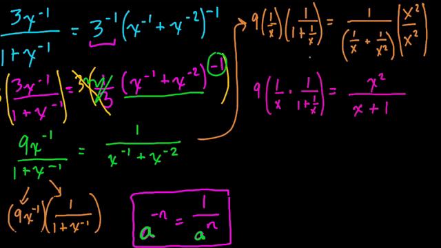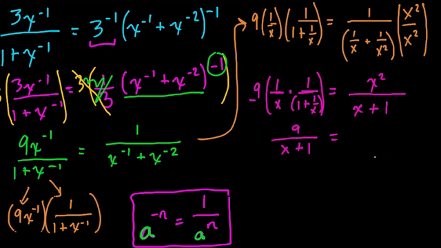And all I'm doing is using the associative property to regroup. 9 times 1 over x, this x here is in the denominator, so I'm pulling those fractions apart. And now when I multiply these two, I'm basically done. Because x times this, I'm going to use the distributive property. X times 1 is x. X times 1 over x is just 1, right? Because it's x divided by x. And then on the numerators, I have 9 times 1 times 1, or 9.